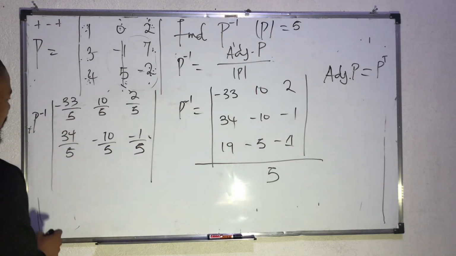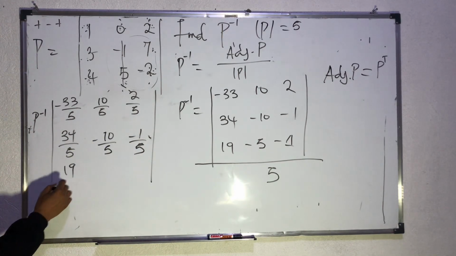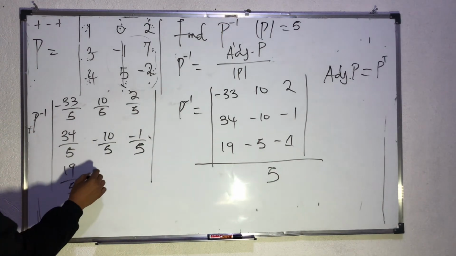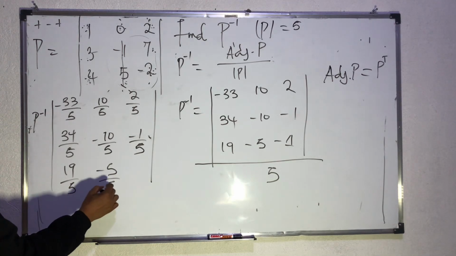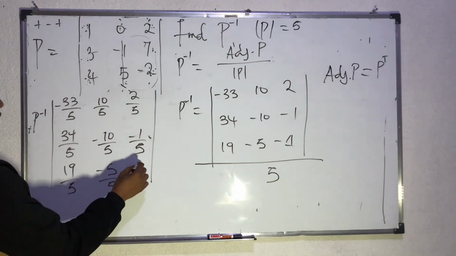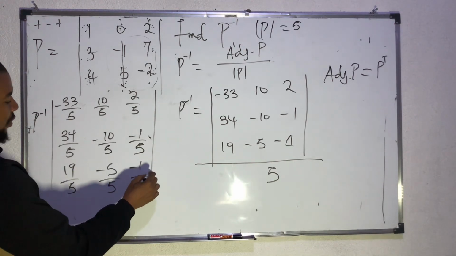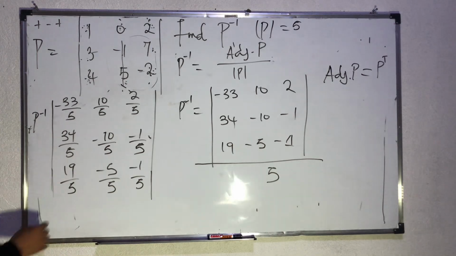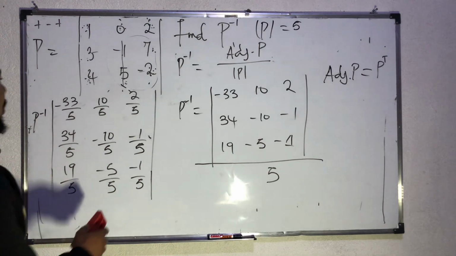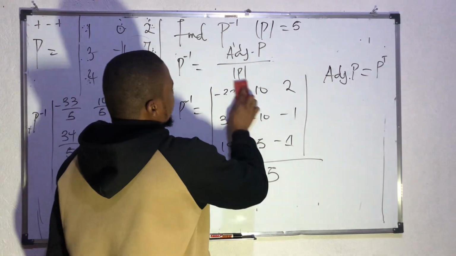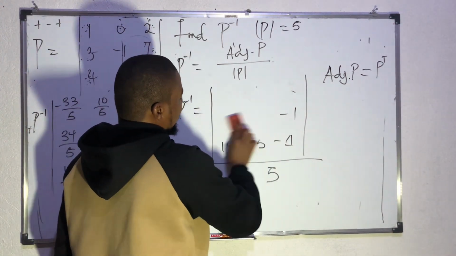And lastly, we have 19 over 5, negative 5 over 5, negative 1 over 5. I'm going to simplify this to get our answer. Let me clean what we have in here.